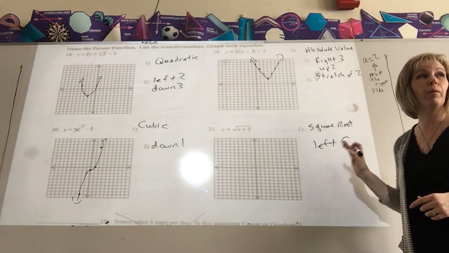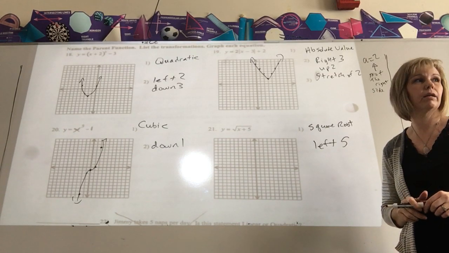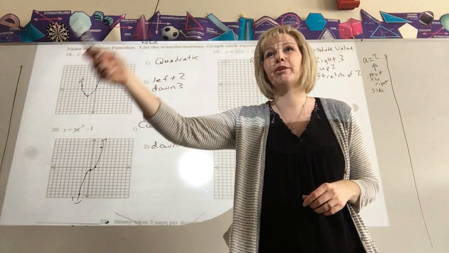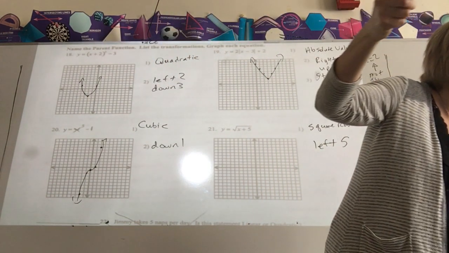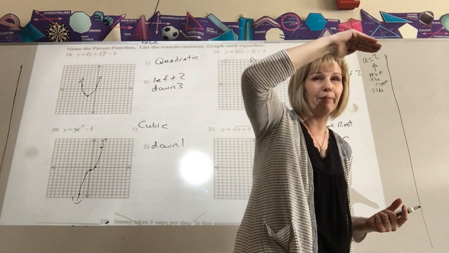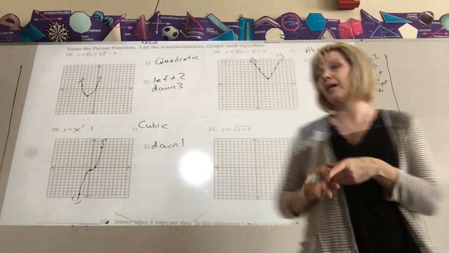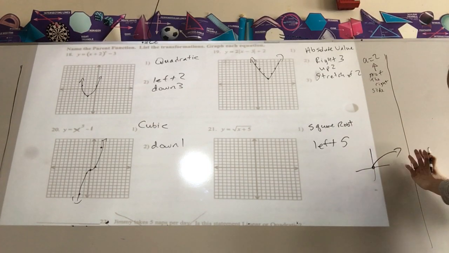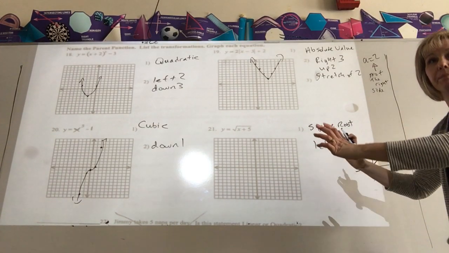Okay, so show me what square root looks like. All right, everyone. Right here, square root. Liam, square root? Okay, perfect. Okay, it's from the elbow. It's like a half of a sideways U. So it's taking this function right here and moving it to the left 5 only.